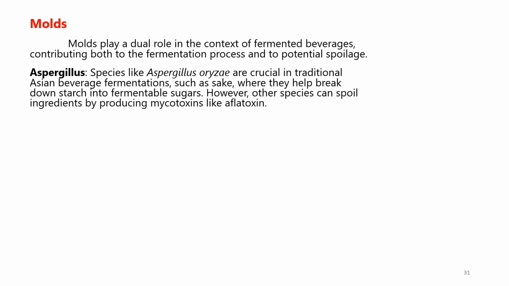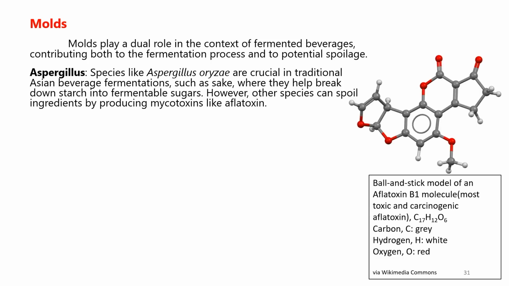However, other species of Aspergillus can spoil ingredients by producing mycotoxins like aflatoxin. So, this is a ball and stick model of an aflatoxin B1 molecule. This is the most toxic and carcinogenic aflatoxin, which has 17 carbon, 12 hydrogen and 6 oxygen atoms.